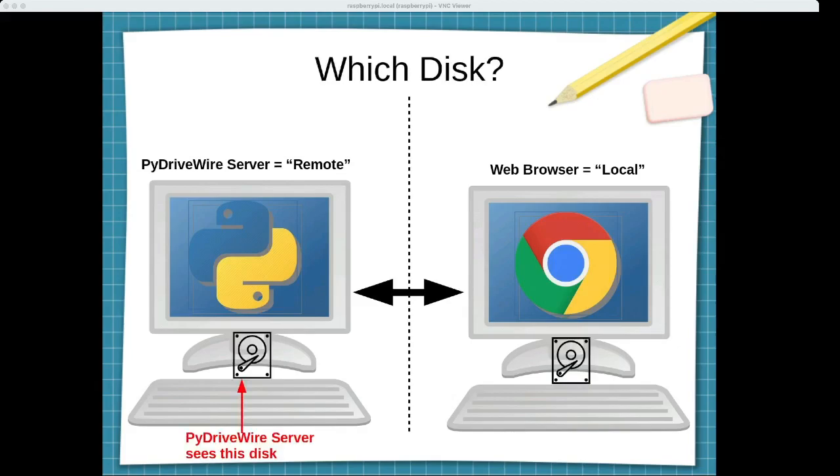So another thing you have to understand is that given that the way that this was designed is that the local computer is the one running your web browser and the server is a different computer, those two computers potentially have different hard drives. So if the two computers are different, the remote machine can't see the local hard drive and the local machine can't see the remote hard drive.